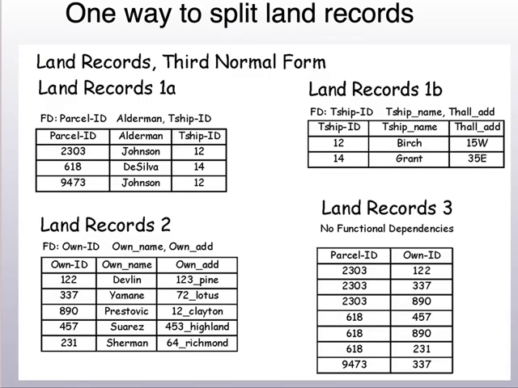But if I could have multiple aldermen associated with a township, but the aldermen are split to be associated with the parcel, right? So there's two aldermen, one's the west side and one's the east side of a township, then I'd have to put it here.